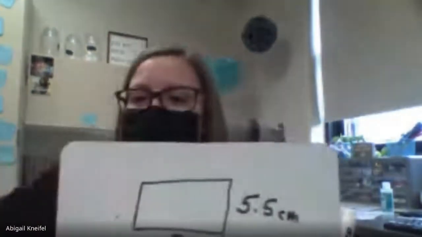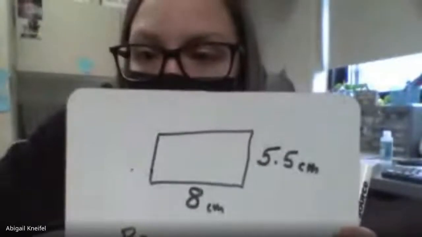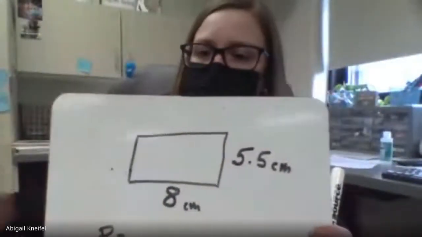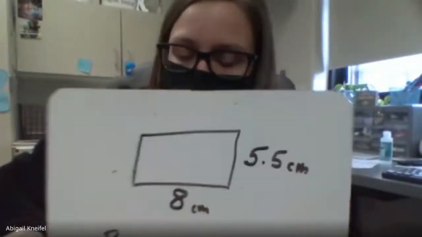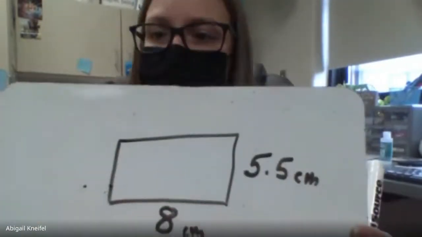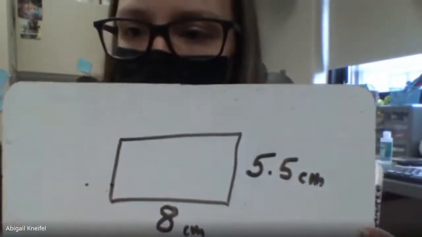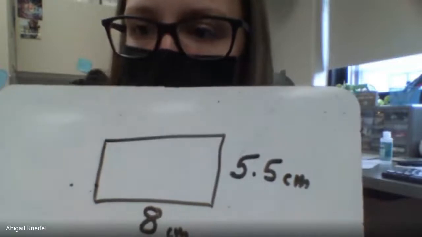All right, you're finding perimeter and area again. One side is 5.5 centimeters. You guys know how to add and multiply decimals. And the other one is 8 centimeters.